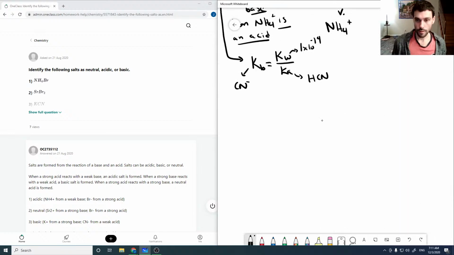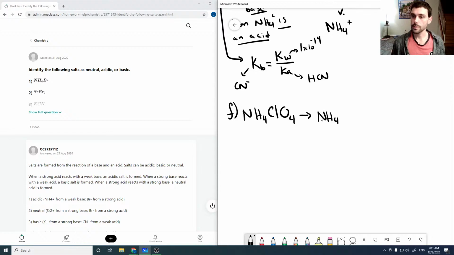Okay, now moving on. So the sixth one, which I'm labeling F, NH4ClO4, is going to completely dissociate into NH4 plus and ClO4 minus.